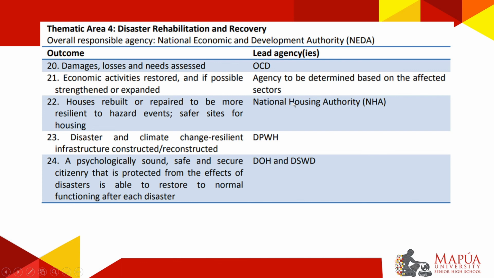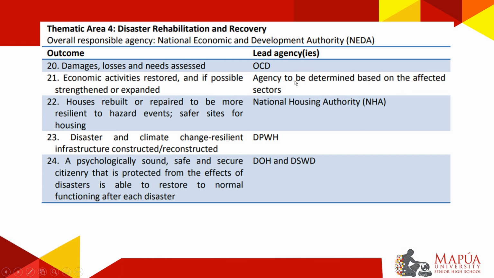For example, if farmlands are affected, it is usually the DA, or the Department of Agriculture. If buildings are affected, well, it depends. So, when it comes to economic activities, the agency is determined based on the affected sector.